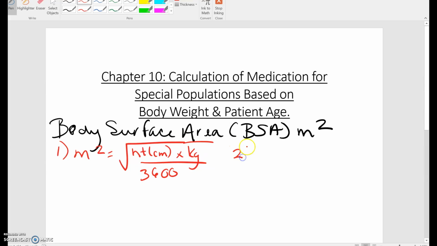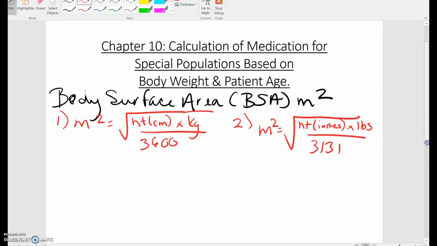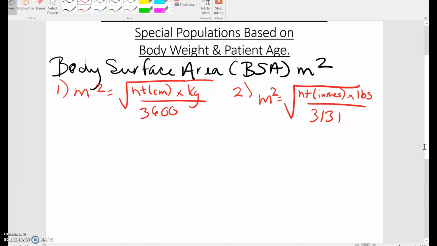Our formula number 2 is meters squared equals the square root of height, in this case inches, times pounds, right, over 3131. So let's go ahead and just practice how to calculate a body surface area using these formulas.